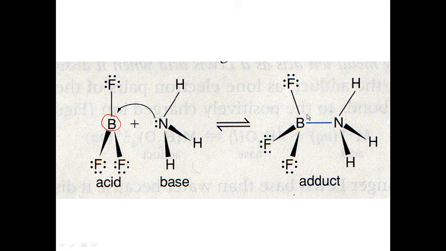Now, what would the formal charge on this boron be, and what would the formal charge on the nitrogen atom be? Well, for boron, it came with owning 3 electrons. It now owns 1, 2, 3, 4. So the boron would have a -1 formal charge. And what do you think the nitrogen would have?